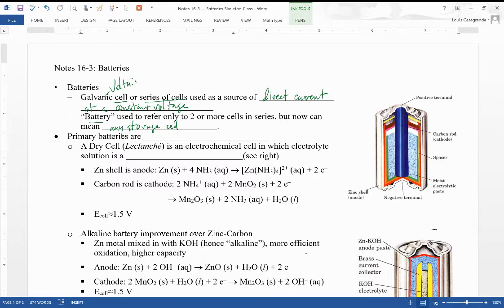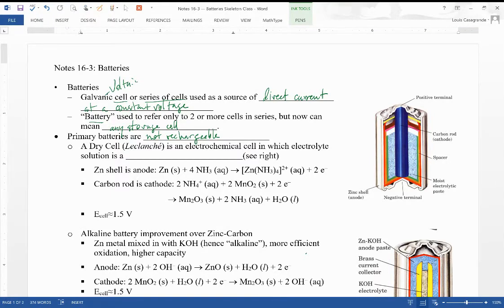Now, there are two main classifications of batteries: primary batteries and secondary ones. Primary batteries are not rechargeable. So these are the Eveready or Copper batteries that you'd go and buy in the store and then basically throw away when you're done.